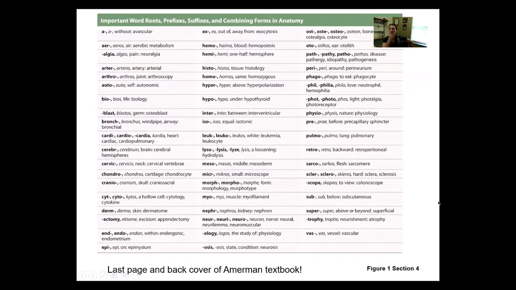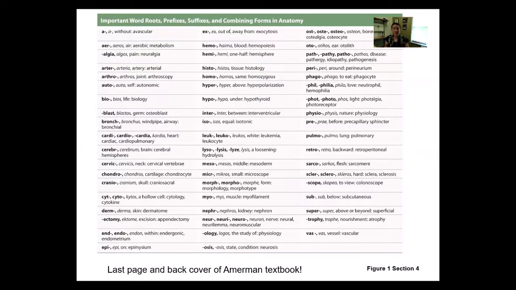Okay, so as I said multiple times already, learning anatomy is really like learning a new language. When you first see terms, they will seem big and clunky and scary, but we can break them all down into their individual roots. And so if you've taken medical terminology or have some kind of background in A&P already, great, that's wonderful news.